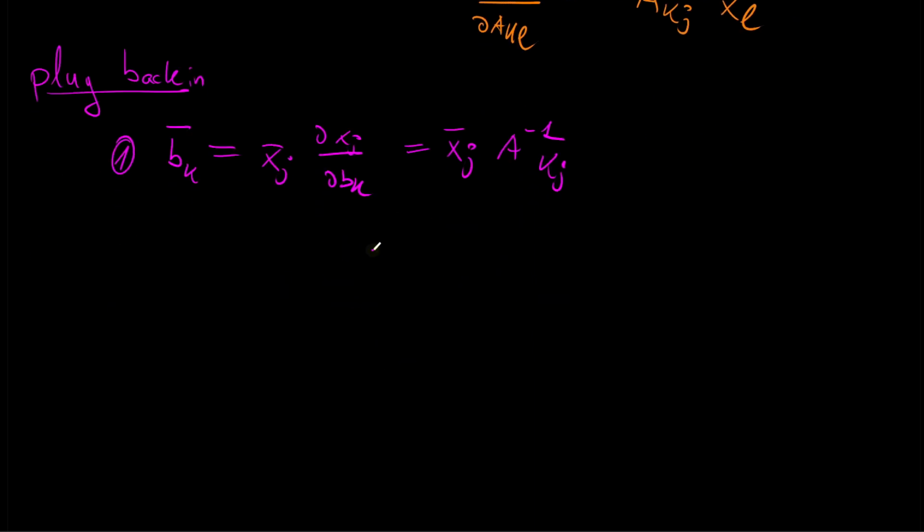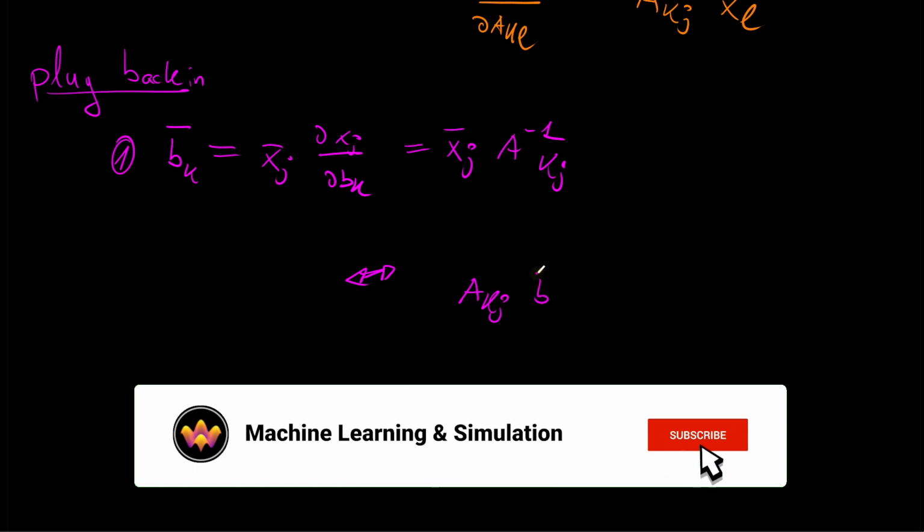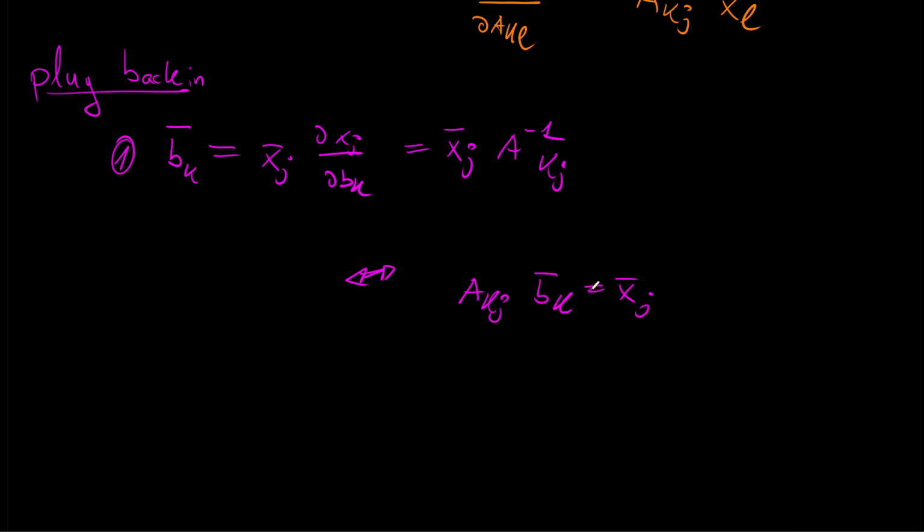We can rearrange that and move the inverse back to the left side and see this is A_kj times cotangent b_k is cotangent x_j. So cotangent x_j is given, cotangent b_k is what we want, and we will soon see we will have another linear system of equations, but I think this is more clear in symbolic notation.